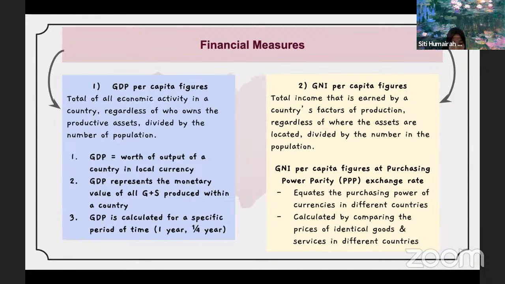Nations that have high foreign direct investment will show a significant difference between GNI and GDP. For example, in the US, the GNI in 2019 was 87.5 trillion, but the GDP was 87.6. So there's a difference there.